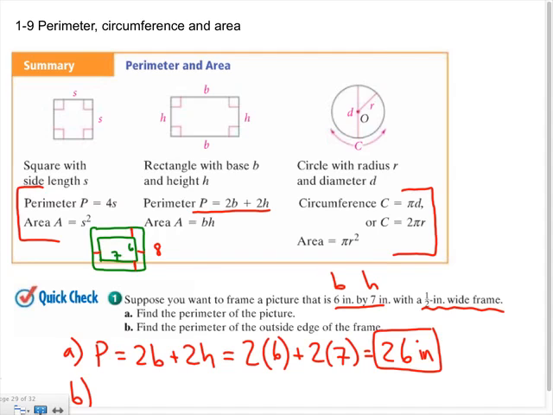And so the new width would be 7 units. And so these values, the 7 and the 8, these are what I go and plug in for the perimeter of the outside frame. So I'll fill in 7 for the base and 8 for the height. And that's 14 plus 16, or 30 inches.